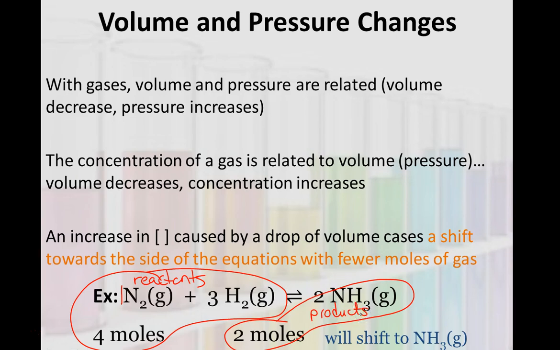So if I decrease the volume of this system, my system will respond by creating more products. They shift towards the side with fewer moles if you decrease the volume. If I increase the volume, it would be the opposite effect.